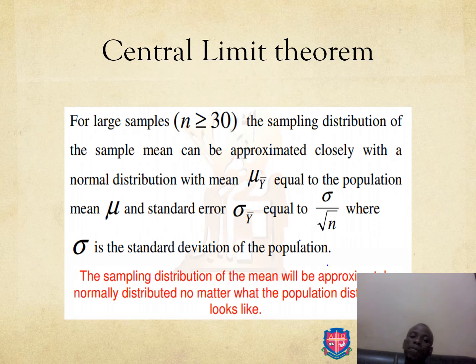So this theorem states that if the sample size is big enough, that is 30 and above, greater than or equal to 30, then chances are that the sample mean can be closely approximated with a normal distribution.